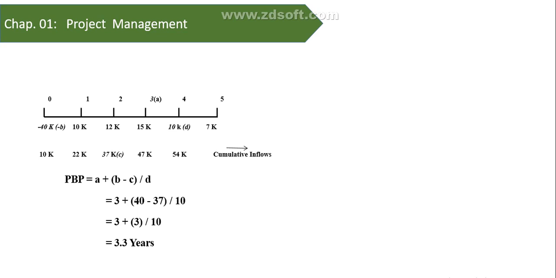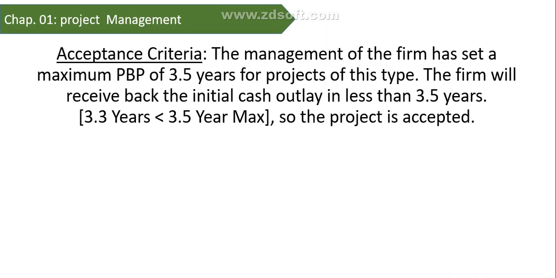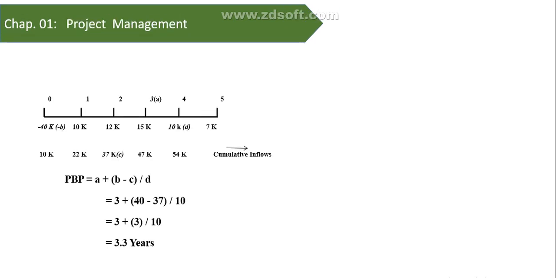What will be the cumulative cash flow? 10 plus 12 is 22, 22 plus 15 is 37, 37 plus 10 is 47, 47 plus 7 is 54.